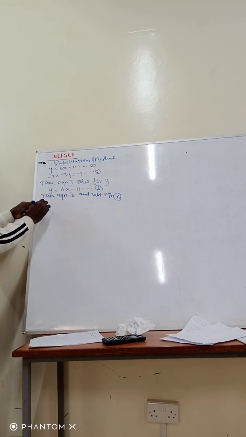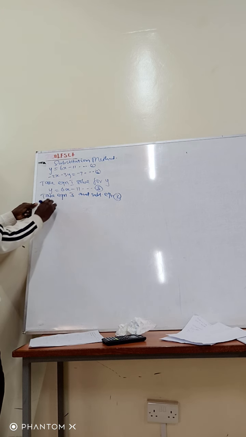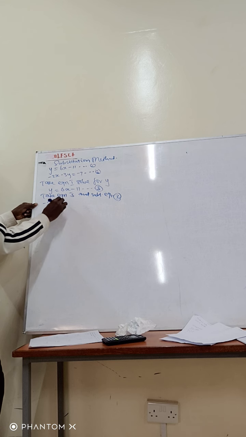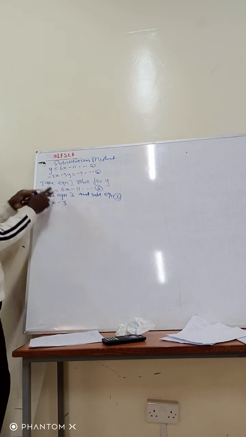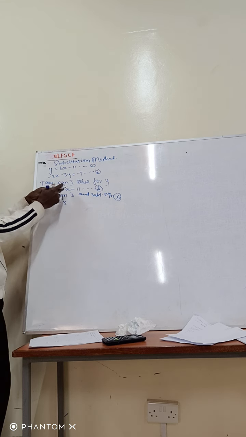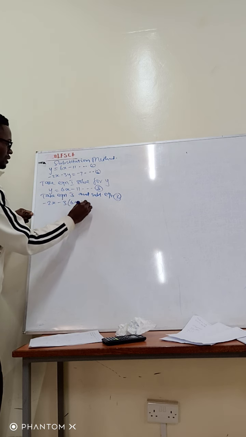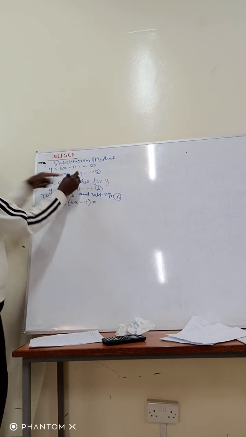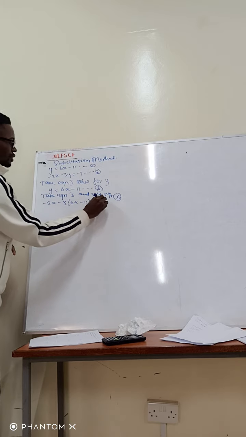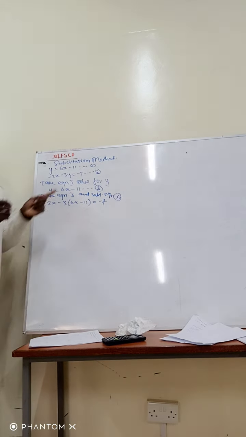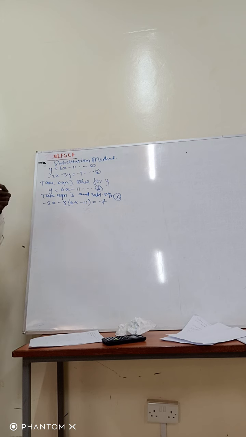So let's see what we have here. Negative 2x minus 3y. But our y is 6x minus 11, so now you put 6x minus 11. And this is equals to negative 7, because we are solving using equation 2. Now we can open this up.